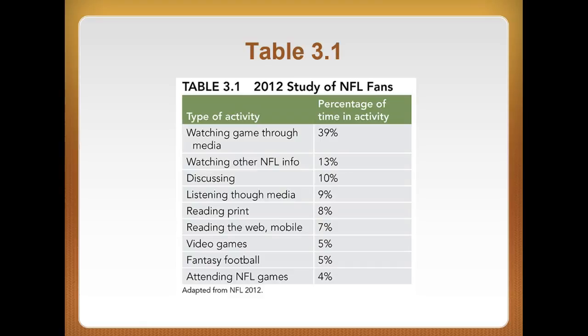Then watching other NFL information, whether it be ESPN, SportsCenter, things of that nature, and then actually talking about it, and then it goes off to smaller percentages in regards to listening, reading print, web, video games, and things of that nature. So this can give you an idea of the different socialization that's present within sports.